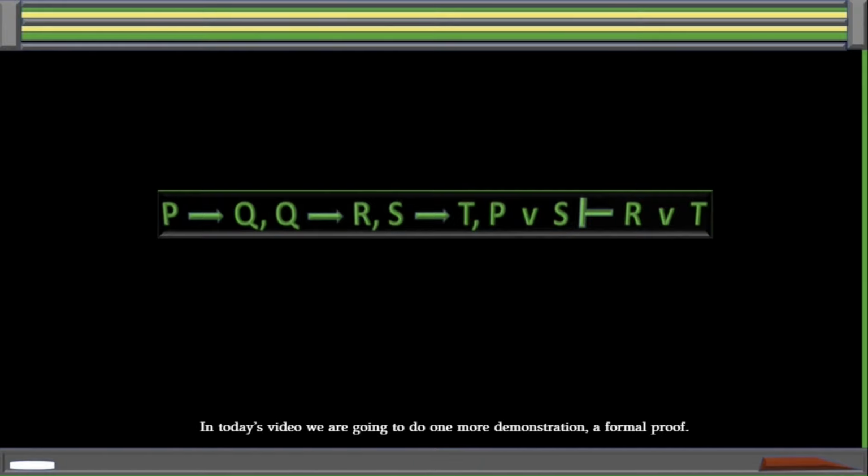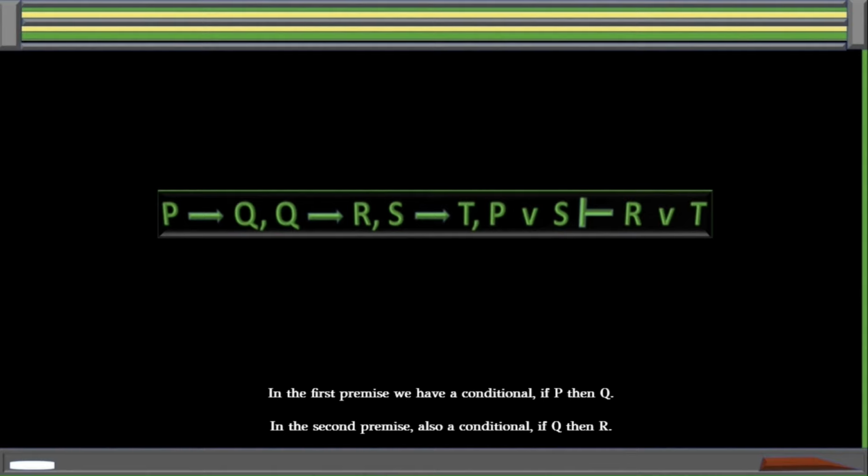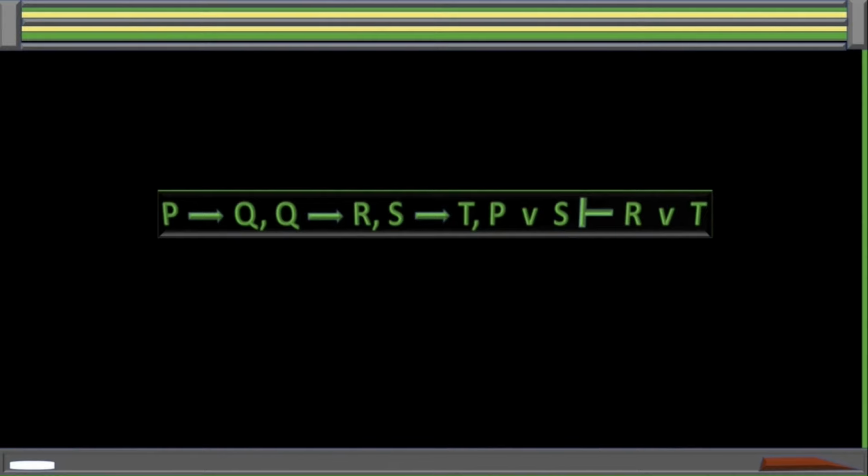In today's video, we are going to do one more demonstration, a formal proof. In the first premise, we have a conditional: if P, then Q. In the second premise, also a conditional: if Q, then R. This argument is a little more complex.